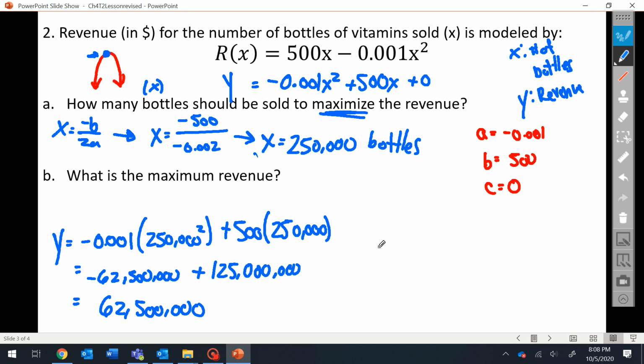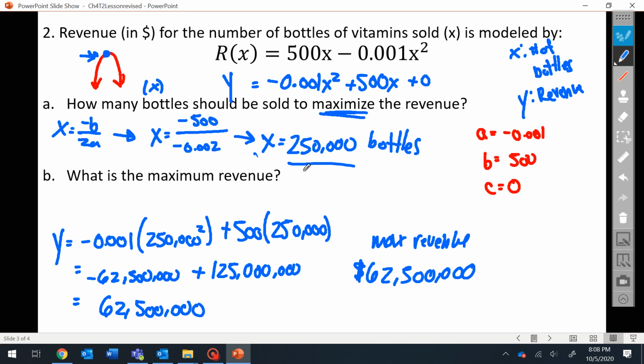Okay, so that's dollars. My maximum revenue that I'm bringing in when I sell 250,000 bottles is $62,500,000. All right, that's my revenue if I sell 250,000 bottles, and that's going to be my maximum revenue.